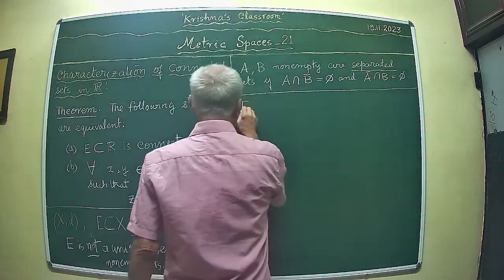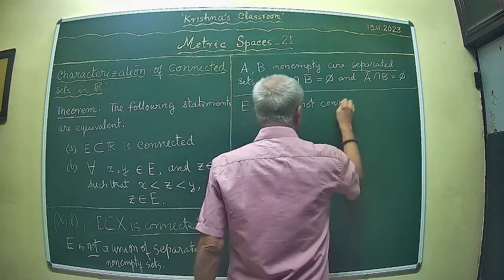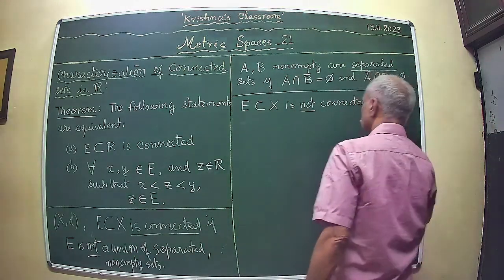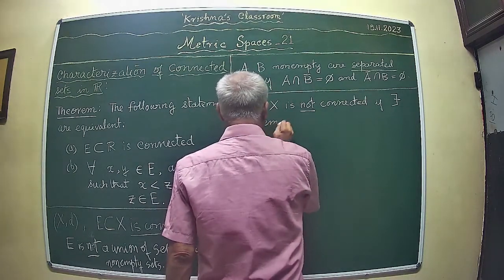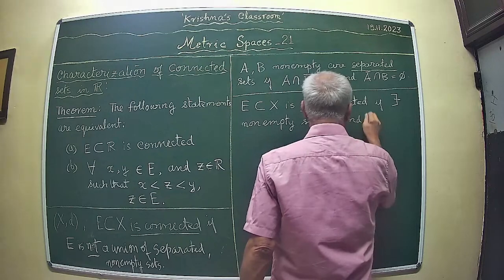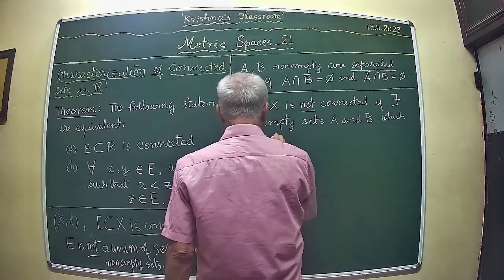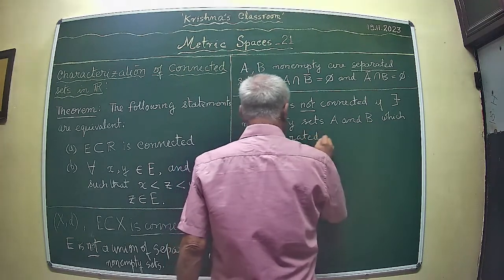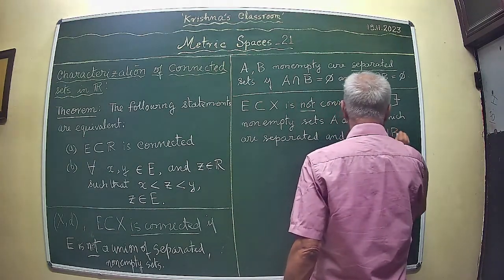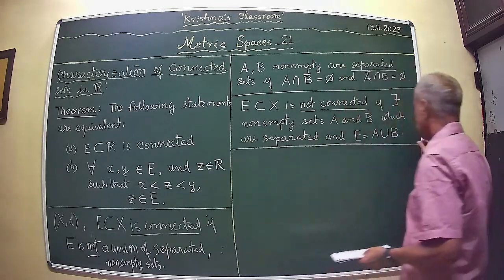Then E contained in X is not connected if there exist non-empty sets A and B which are separated and E is equal to A union B. This is not connected. So we shall keep this in our mind.